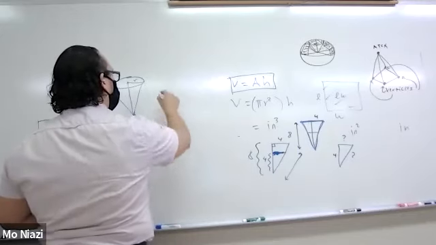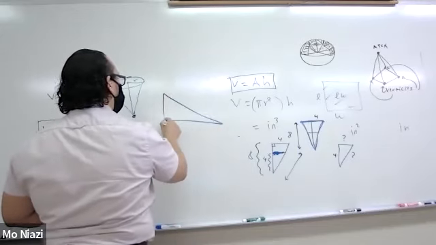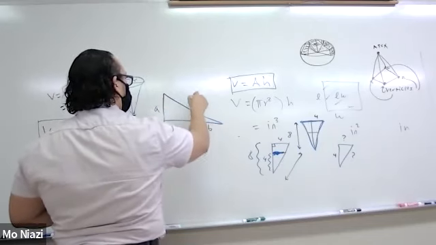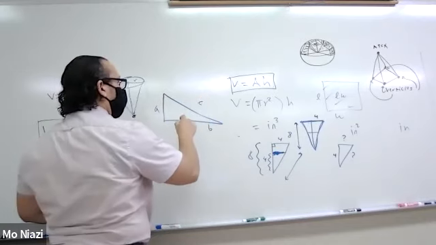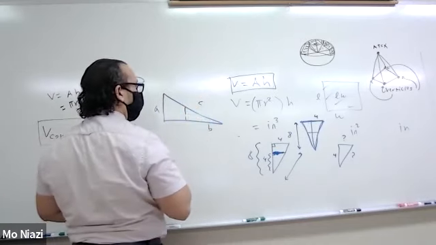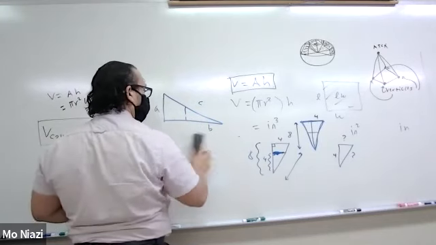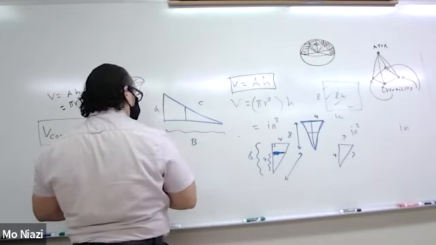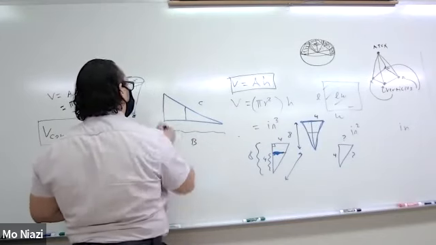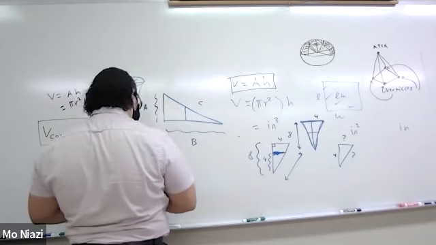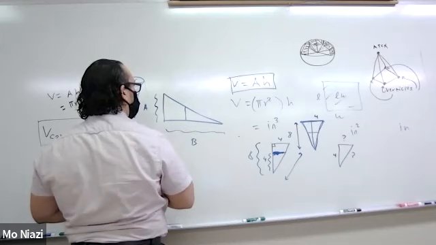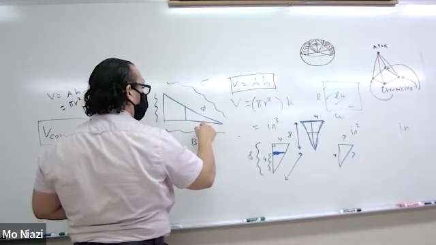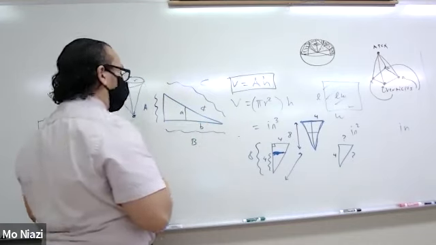So here's the concept of a similar triangle. Let's say I have a triangle like this. This is A, this is B, and this is C. If you can create a smaller triangle inside that triangle, let me call this whole thing capital B, this whole thing capital A, and this whole thing capital C. Then this would be little c, little b, little a.